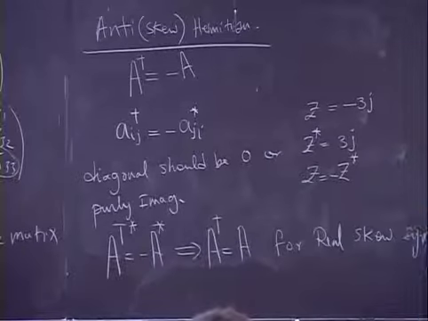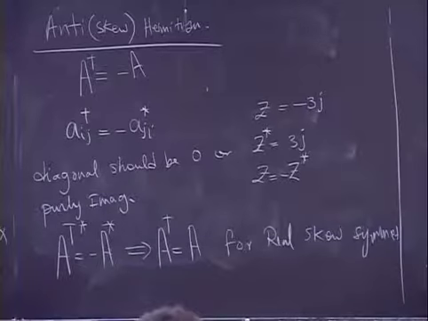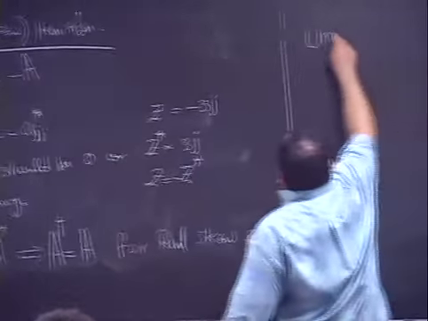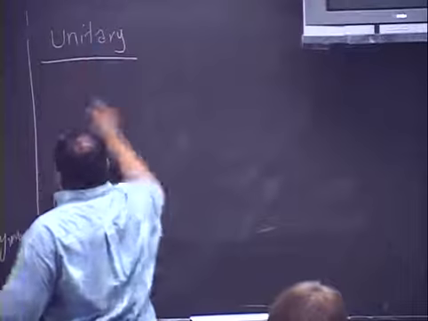So we define the complex matrix, we define the Hermitian, and we define the anti or skew Hermitian, and we show that the symmetric and skew symmetric are just special cases for a real matrix of the Hermitian and anti-Hermitian. So now we will define a matrix called the unitary matrix.